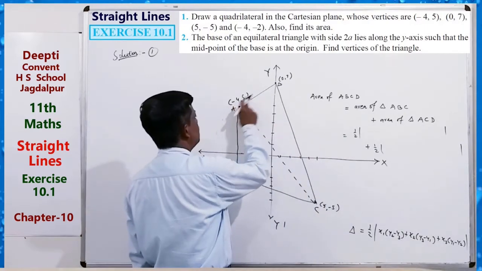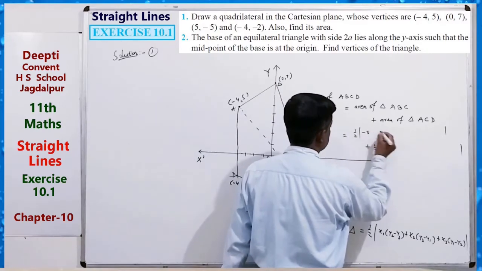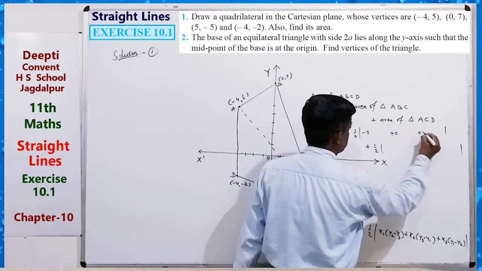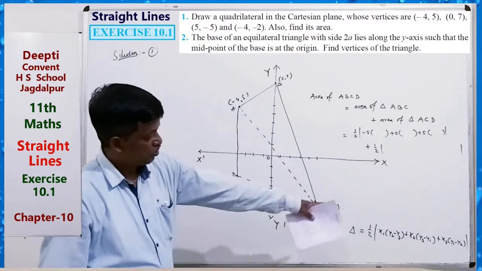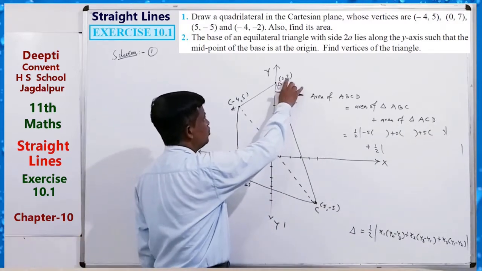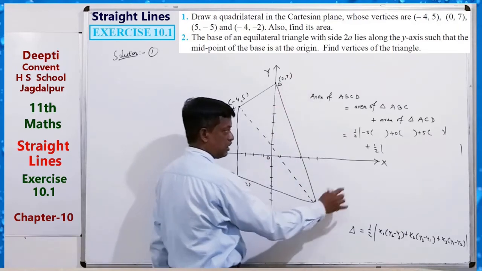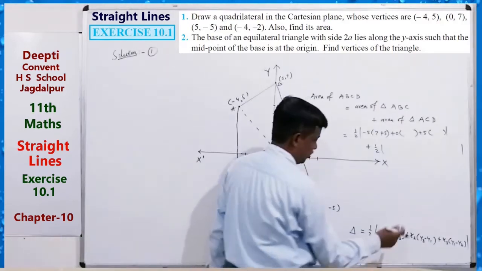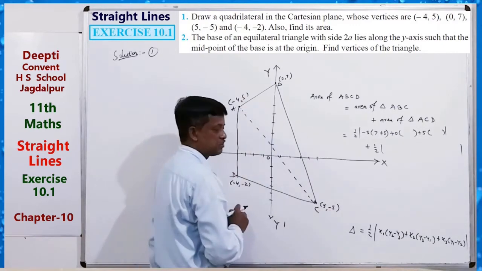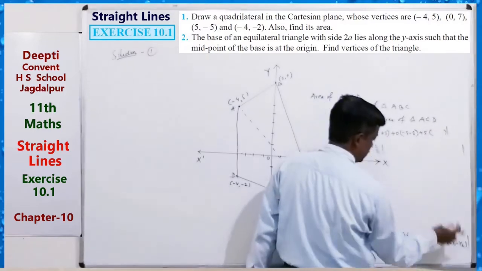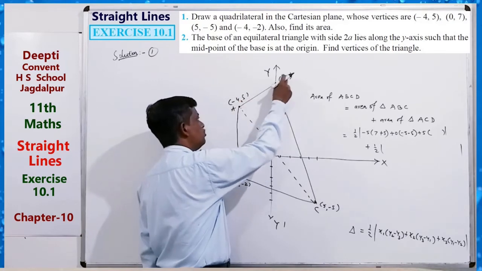What will be x1, x2, x3? Here for A, B, C, x1, x2, x3 are -4, 0, 5. In between, y2 minus y3 is 7 minus (-5), so 7 plus 5. Now y3 minus y1 is -5 minus 5. And y1 minus y2 is 5 minus 7.